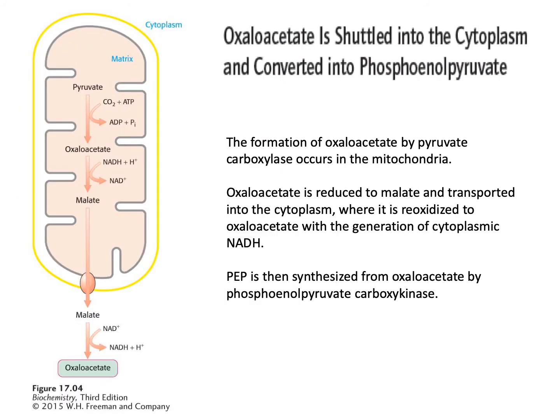This figure describes the steps. Oxaloacetate is shuttled into the cytoplasm and converted into phosphoenolpyruvate.